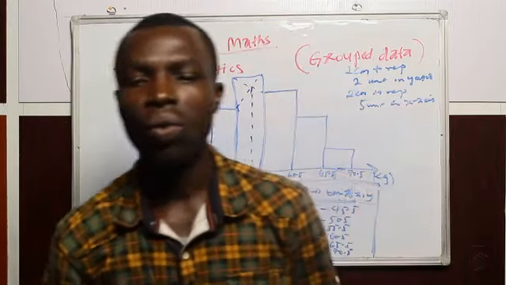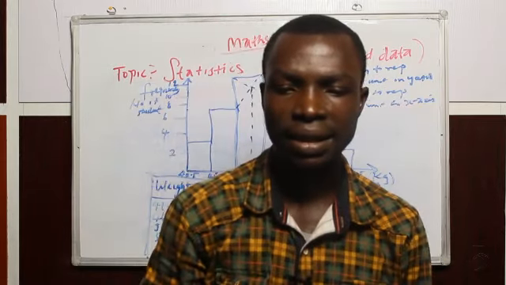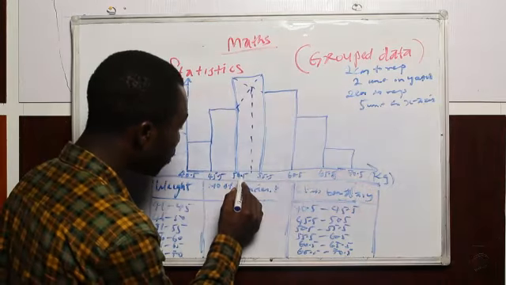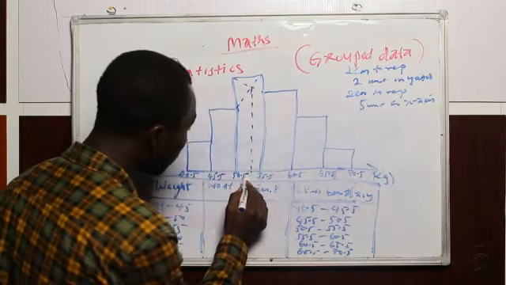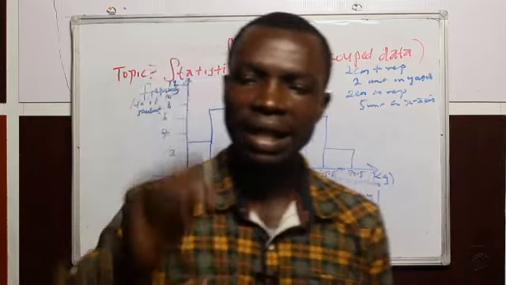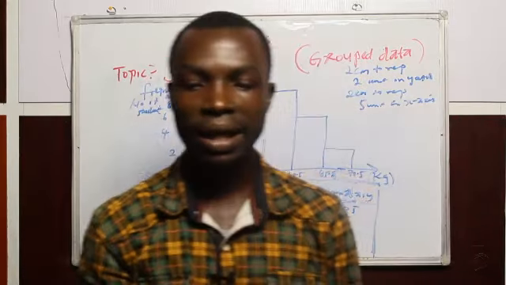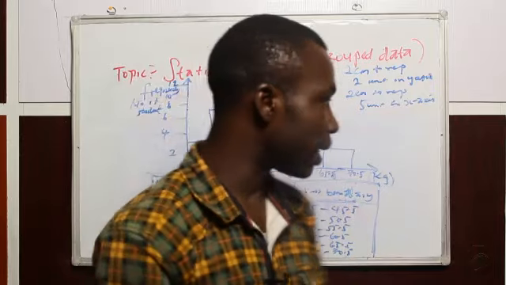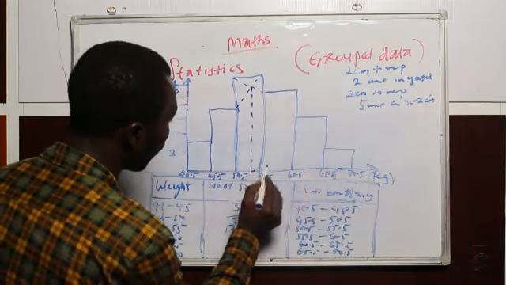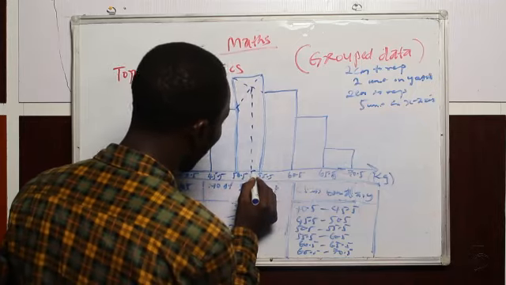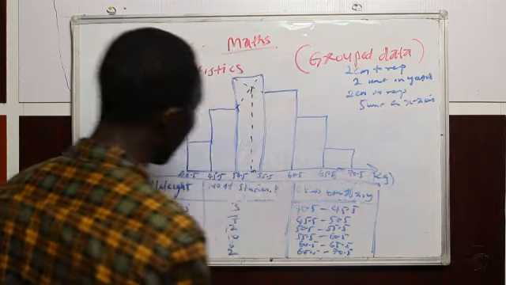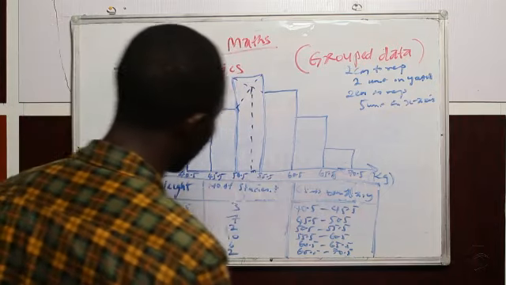Check your graph. What is that intersection? If you check it, you discover that this is 50.5. You continue to count it, 50.5. In the long run, you will discover that the intersection is where the mode lies. So the mode lies around 54.1. Go 54.1, 54.2, 54.3 up to 55.1.